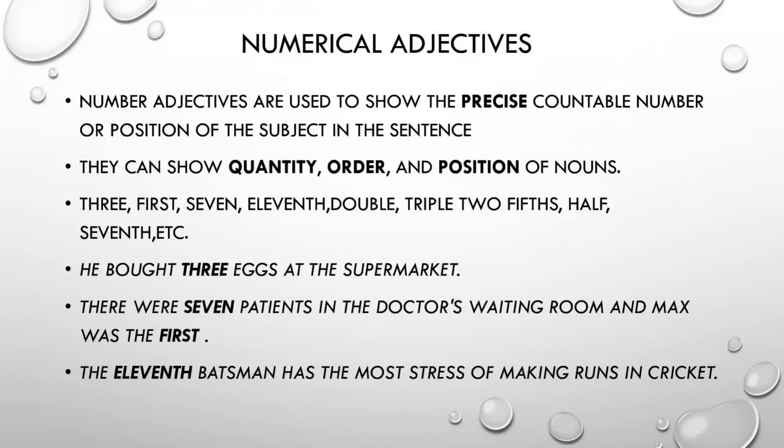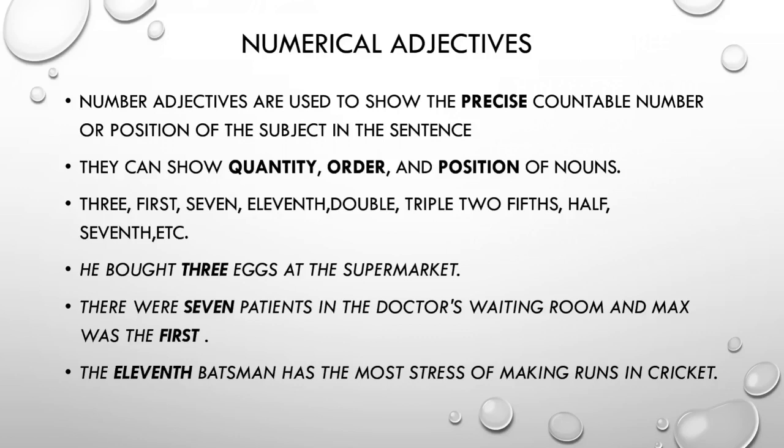First, second, third, then 11th, double, triple, 2/5, half, 7th. These all represent either quantity, order or position. So these are known as numerical adjectives.